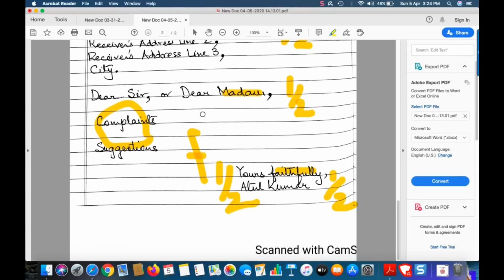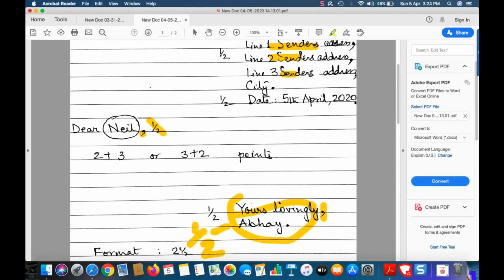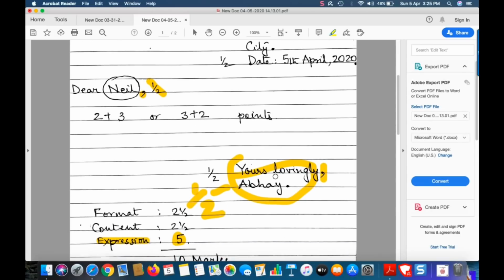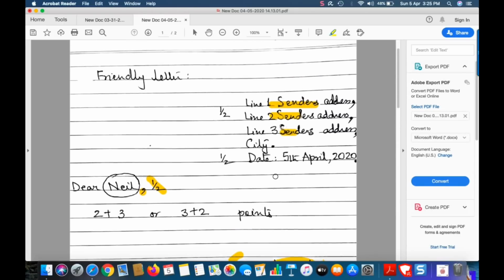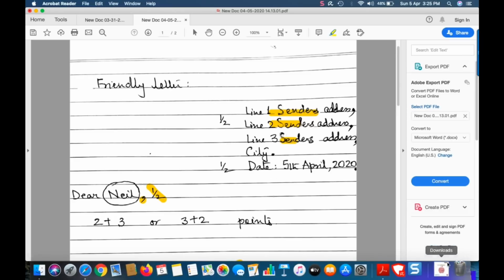Similarly, in your friendly letter, if you have made a mistake here lovingly, and you're not getting this half mark, you will also not get half mark for writing the first name, that is Abhay. I hope the letters have been understood by you, and you will be able to do these questions once given.